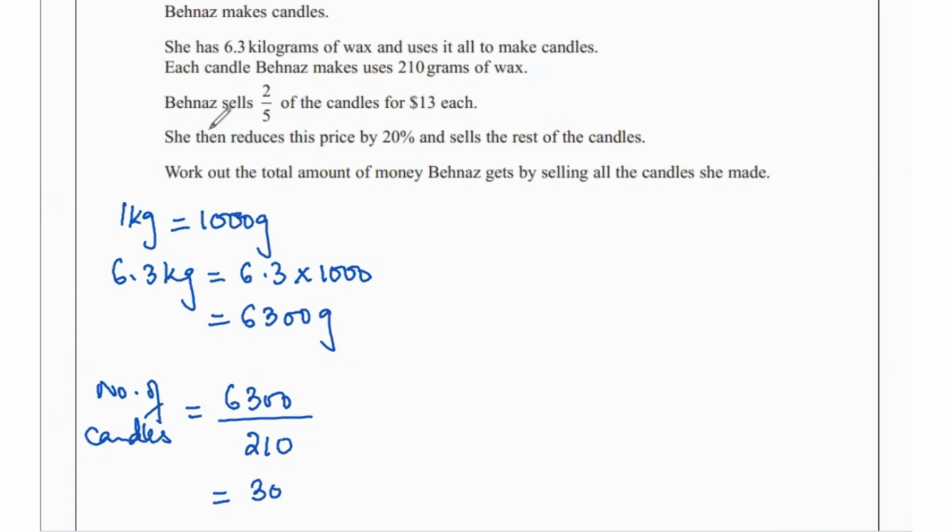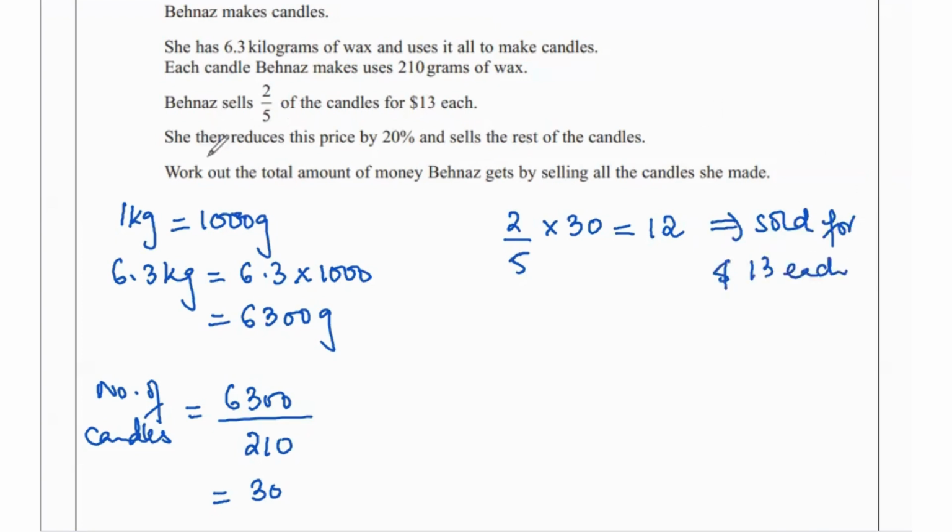Now she sells 2/5 of the candles for $13 each. So 2/5 of 30 is 12. So 12 candles are sold for $13 each. She then reduces this price by 20% and sells the rest of the candles.